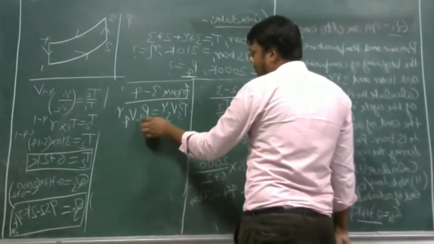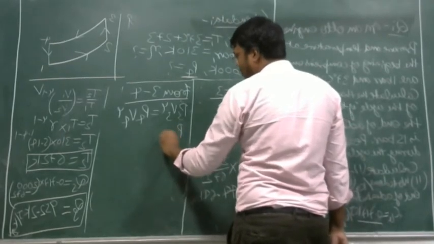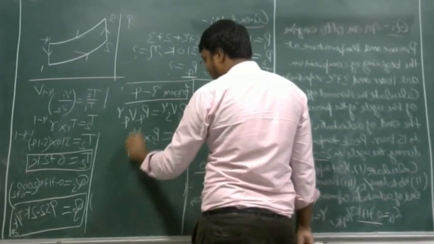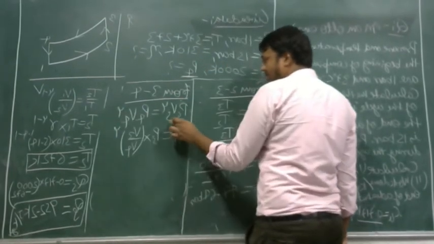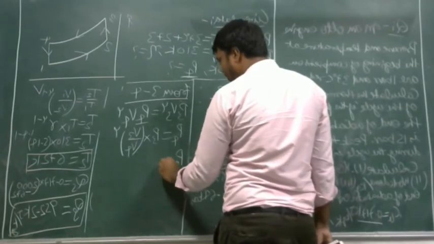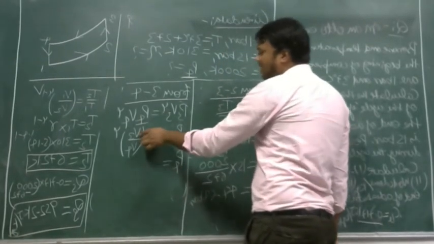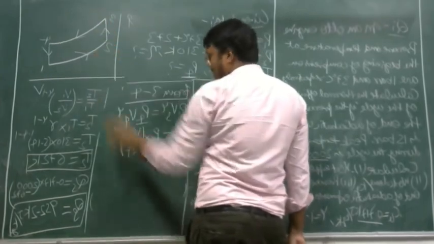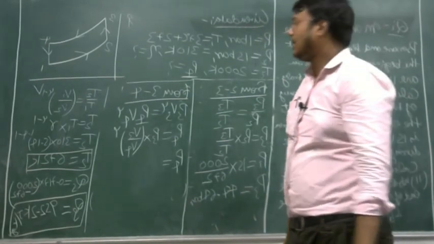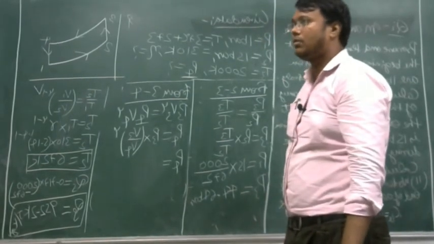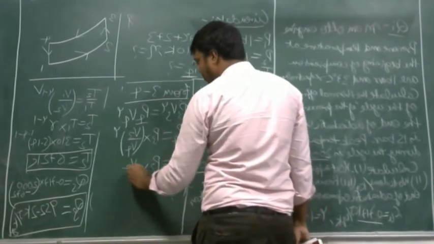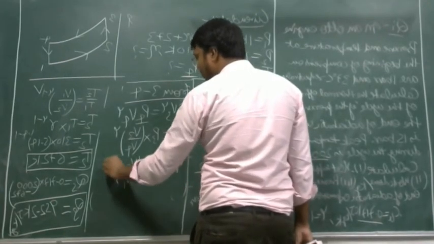We want the value of P4, so P4 is equal to P3 into V3 by V4 to the power gamma. Taking V4 below V3, we can find the value of P4. Now here V3 is equal to V2 and V4 is equal to V1. So we can replace V3 with V2 and V4 with V1, so P4 equals P3 into V2 by V1 to the power gamma.